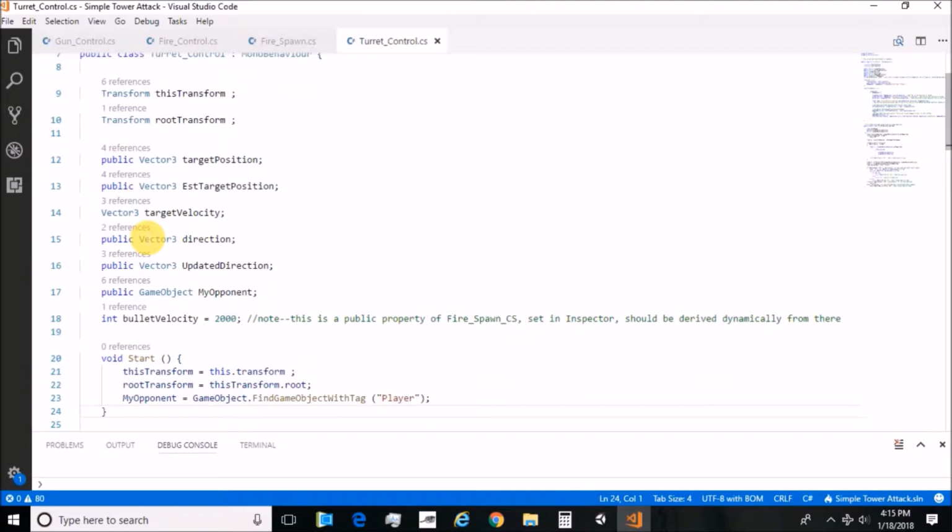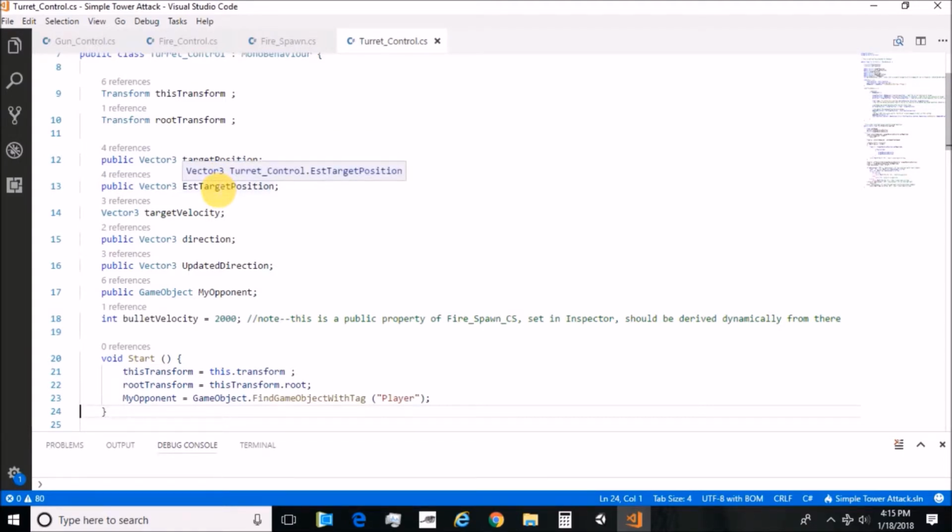Then we have a couple of Vector3s, actually a series of them. Target position is going to be where the target, once we've acquired it, where it is at any given moment of runtime when the gun is trying to make its aiming calculation.